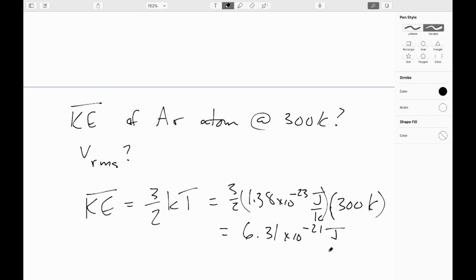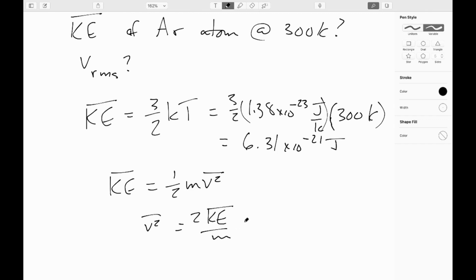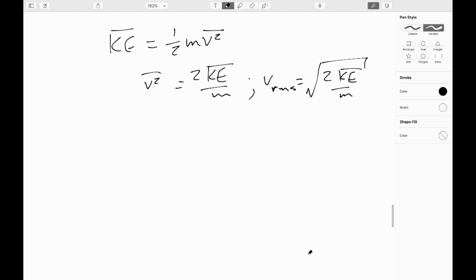All right, so how can I get vRMS? Well, we remember that the average kinetic energy is 1/2 m v squared bar. So v squared bar is going to be 2 times the average kinetic energy over the mass, and vRMS will be the square root of that. Okay, so we can put those things in.